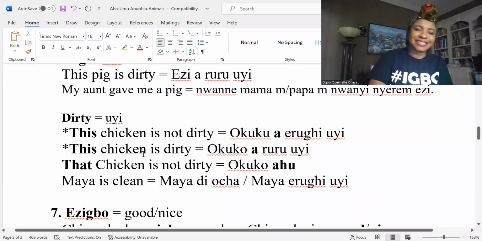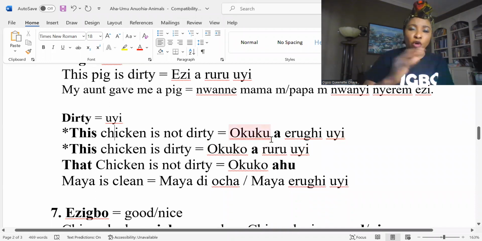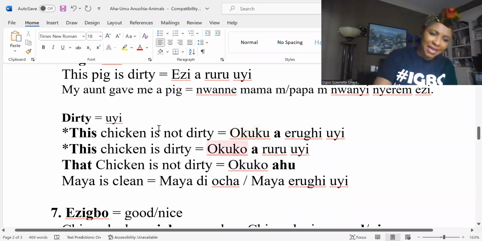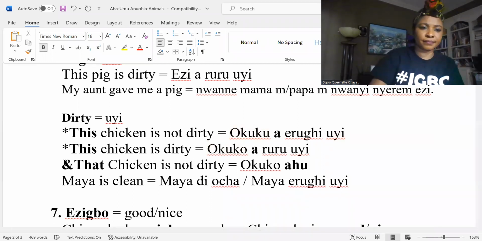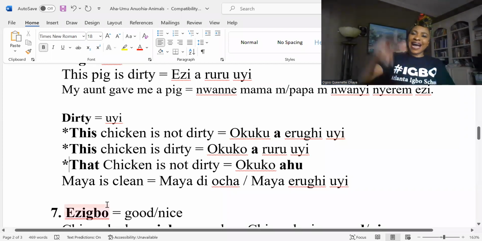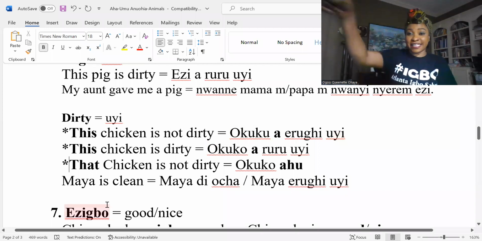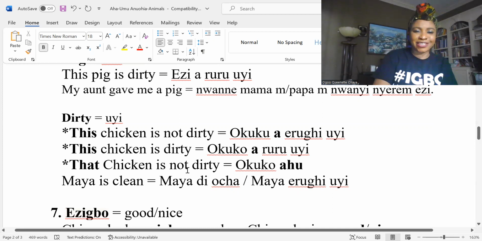This chicken is dirty. Now pay attention. Ọkụkọ is still ọkụkọ. Rurunyi versus erughị unyi. See that? Now, see how to say that. I'm not saying this chicken, I'm saying that chicken. That chicken is not dirty. And see how I say it: Ọkụkọ ahụ.